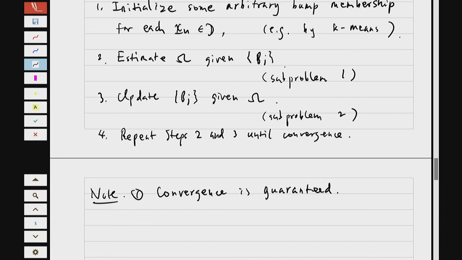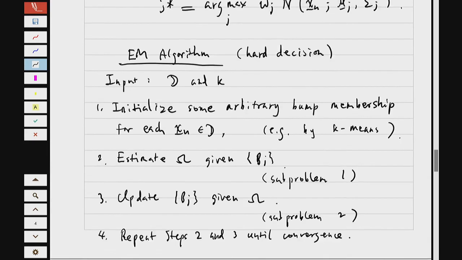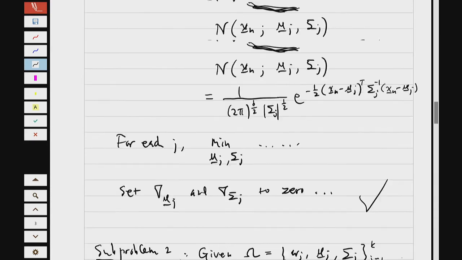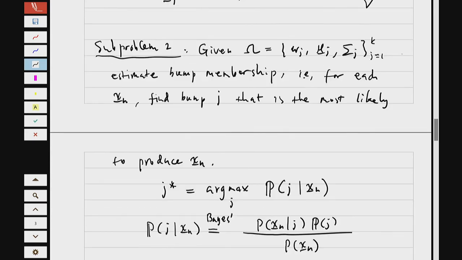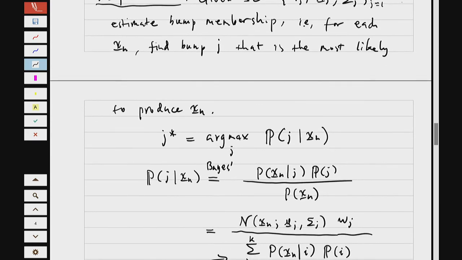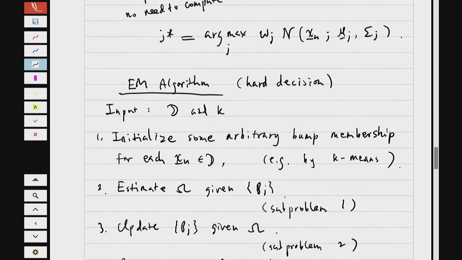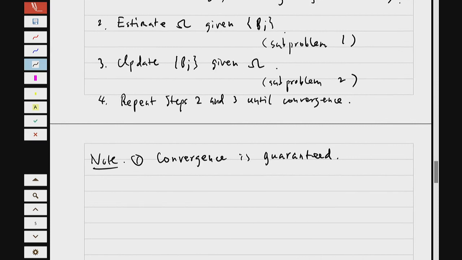We don't have that in EM. What we optimize in this part is E_in only given bj. It turns out that to show convergence, you cannot use E_in(omega) alone. We have to use another so-called potential function and show that it keeps decreasing. But it's out of the scope of this course, so we're not going to bother with that.